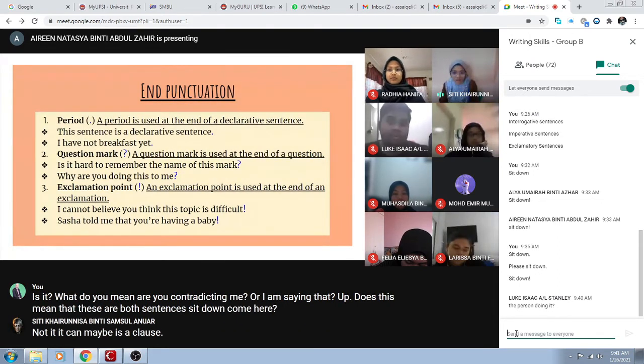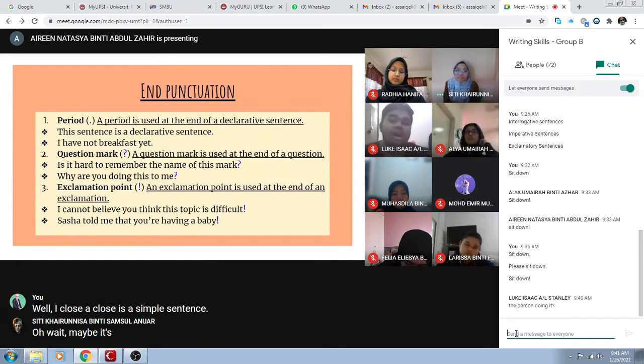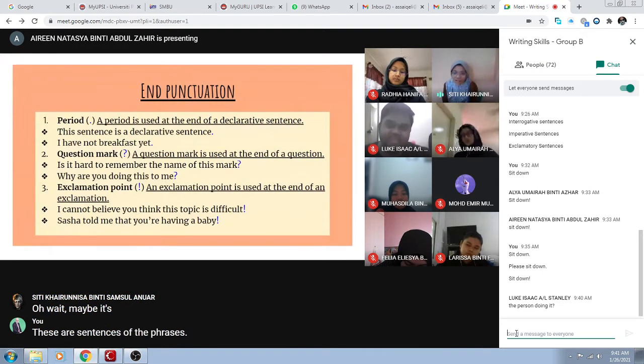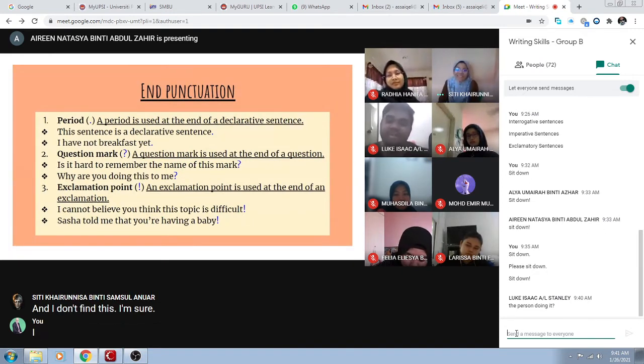Sorry, I'm also confused here. Well, a clause is a simple sentence. Oh wait, maybe it's a phrase. These are sentences, not phrases. Then I don't find this right. I'm confused. I am talking about the imperative sentence, not a phrase. Right, okay.